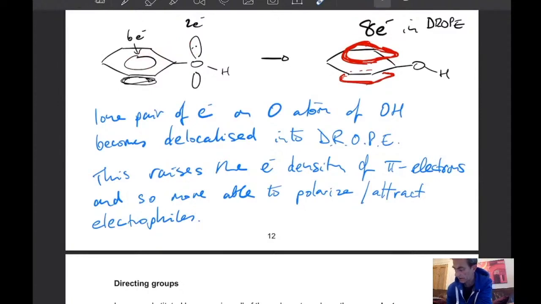You can see that that's now containing 8 electrons. 8 is more than 6, therefore it's got a higher electron density. So it can polarize things, whereas benzene with only the 6 can't. Right, directing groups.